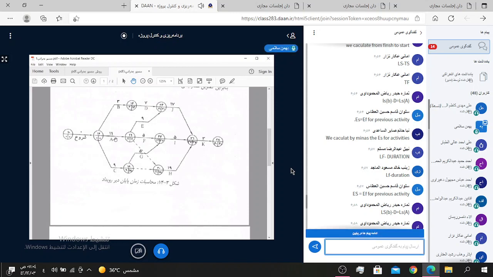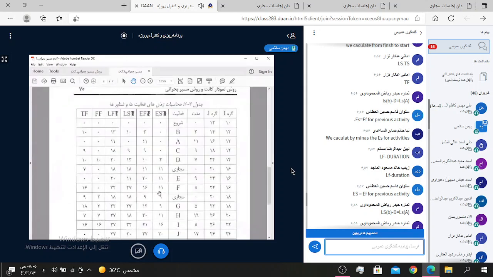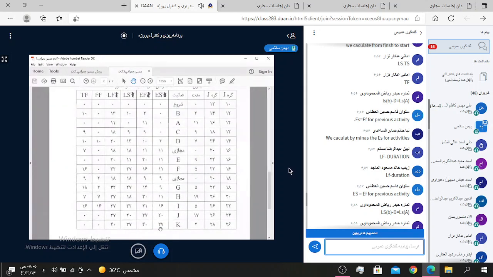If you want to choose the ES for activity, we can use the ES of node start as the ES of activity and write it in this column.